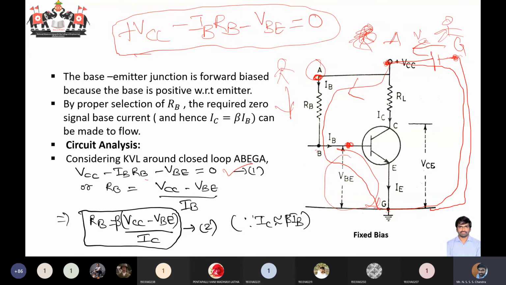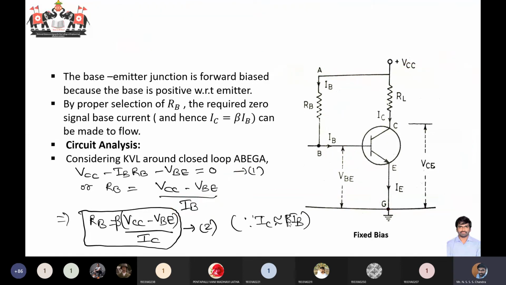From this equation, the RB value will be equal to VCC minus VBE by IB. Now you know that IC is nearly equal to beta IB. Of course, there is also an ICBO term, but for the time being you are neglecting that.